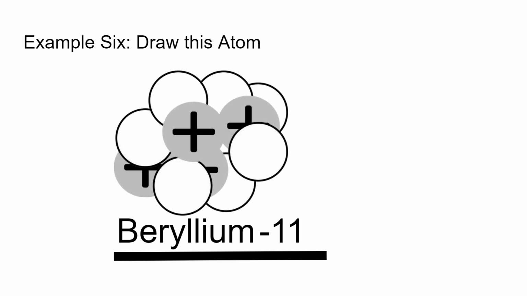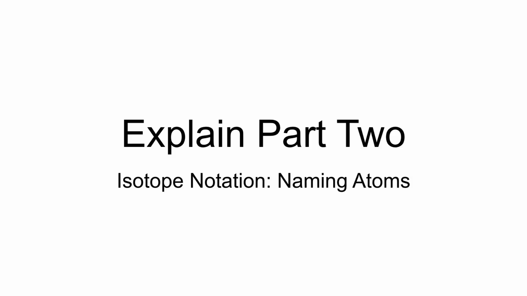So it's going to have 4 protons. 1, 2, 3, 4. 4 protons. So what number can I add to 4 to get to 11? That's going to tell me the number of neutrons. 4 plus 7. It must have 7 neutrons. So you just learned isotope notation.